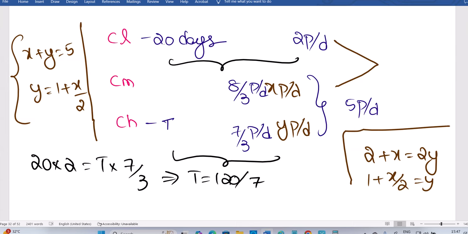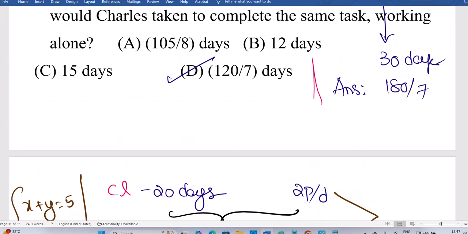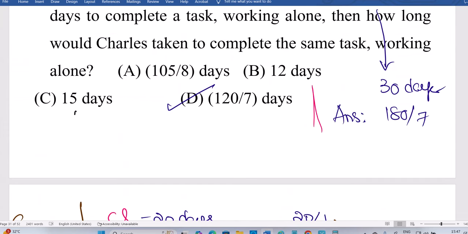If suppose they're asking Cameron alone, then what should be your answer? Cameron alone means 20 into 2 should be equal to something into 8 by 3. This question is Charles alone. If it is Cameron alone, then we have to get the answer 15. I think 15 is also available in option C. Guys, listen, 15 is correct if the question is Cameron.